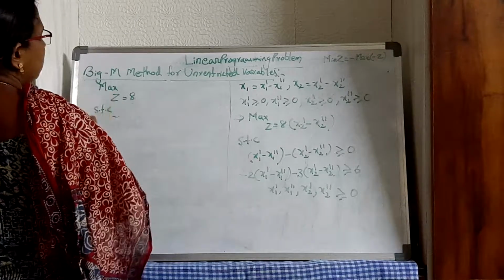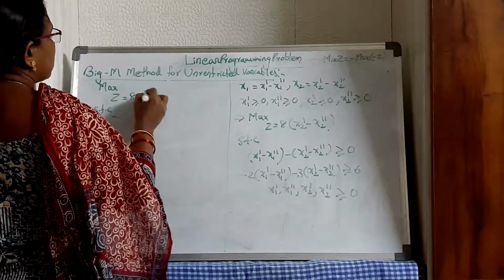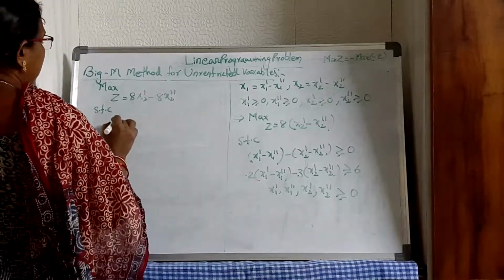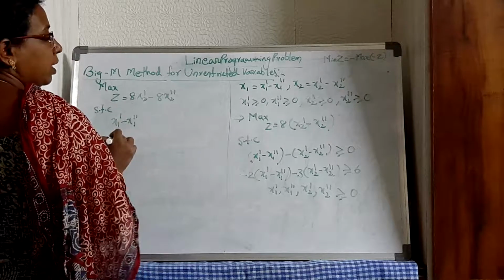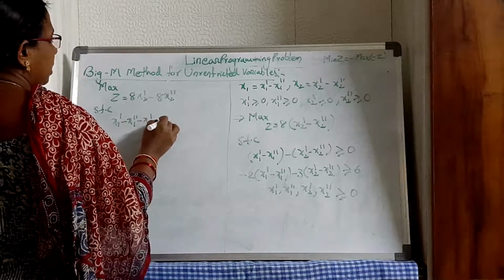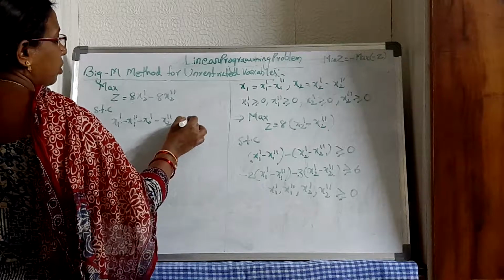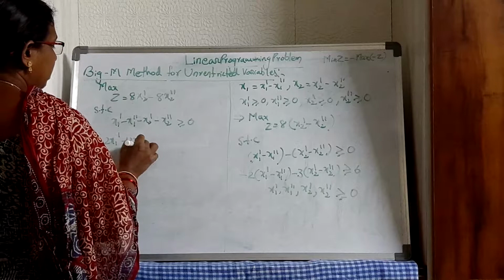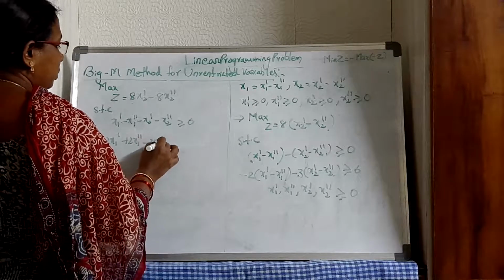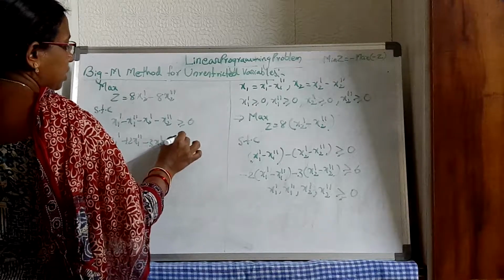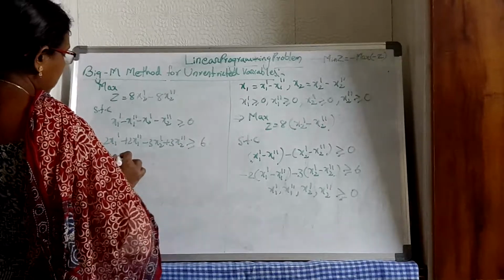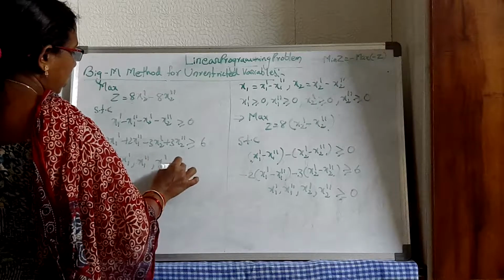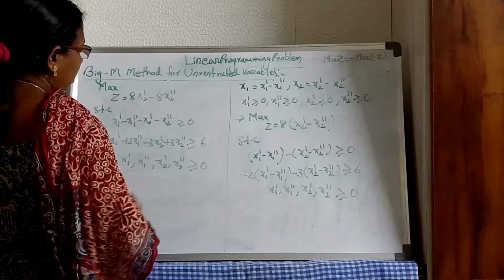Maximize z is equals to 8x2 dash minus 8x2 double dash subject to constraints x1 dash minus x1 double dash minus x2 dash minus x2 double dash greater than or equal to 0, minus 2x1 dash plus 2x1 double dash minus 3x2 dash plus 3x2 double dash greater than or equal to 6, x1 dash, x1 double dash, x2 dash, x2 double dash greater than or equal to 0.